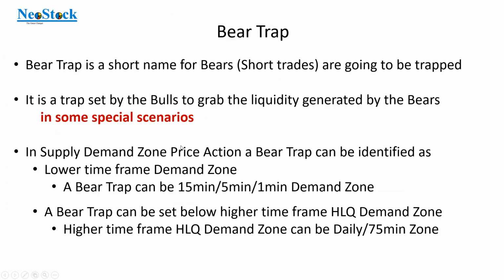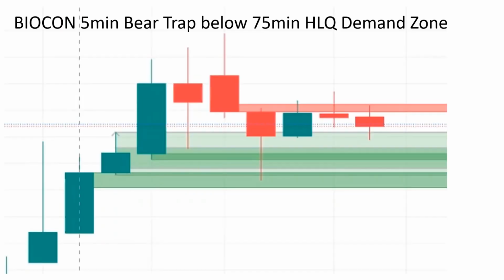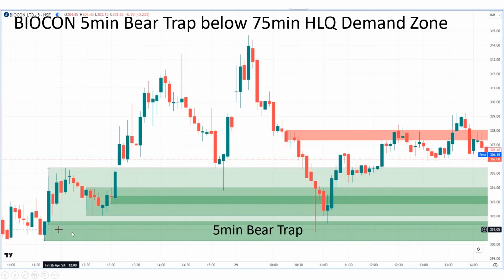That's why in the points I clearly told you, in some special scenarios, understanding those words is very, very important. To make you understand one special scenario, I gave you the example. What is the example? The 15 minute zone, the fine-tuned 15 minute zone, or the fine-tuned 5 minute zone, either one should be close to the trap zone.